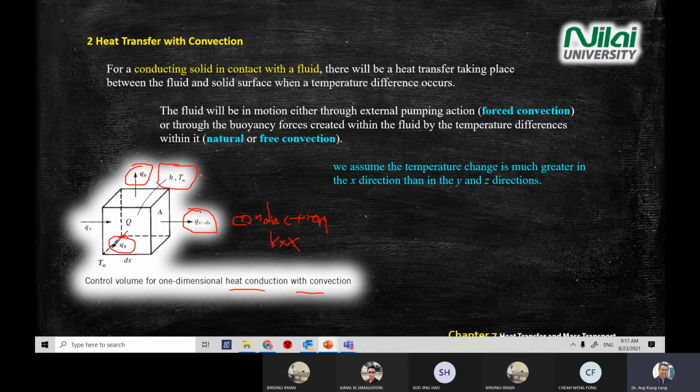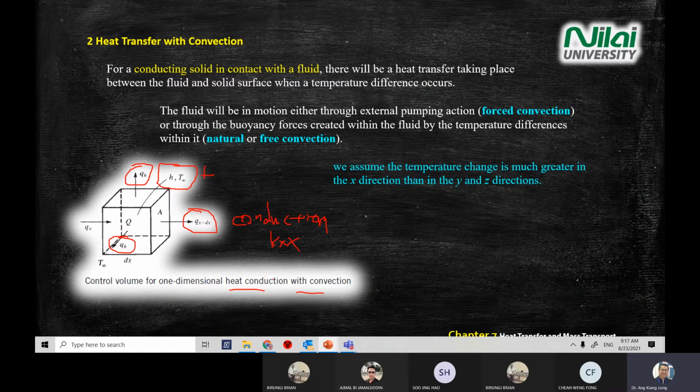QH means that you have convection happening inside the control volume. So this is something new for the second session, that you look at convection and conduction. Something added to the control volume here, which is H. Normally in a question, we won't tell you there's an H, but you will see either you need to solve conduction without convection or conduction with convection.